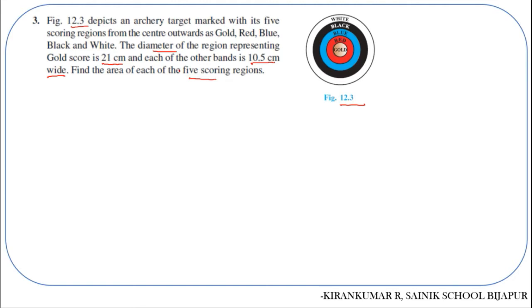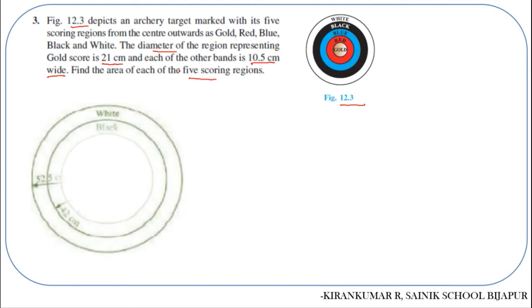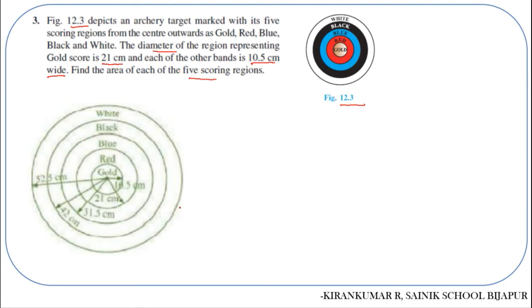For the convenience, I have taken the same figure with the measurements. The 21 centimeter is the radius of the gold score, and then followed by 10.5 centimeter width.